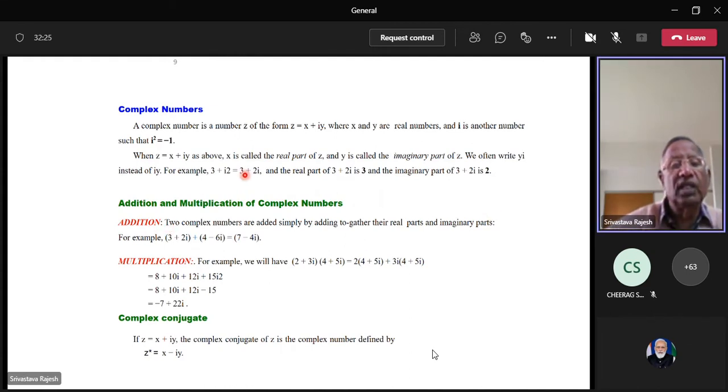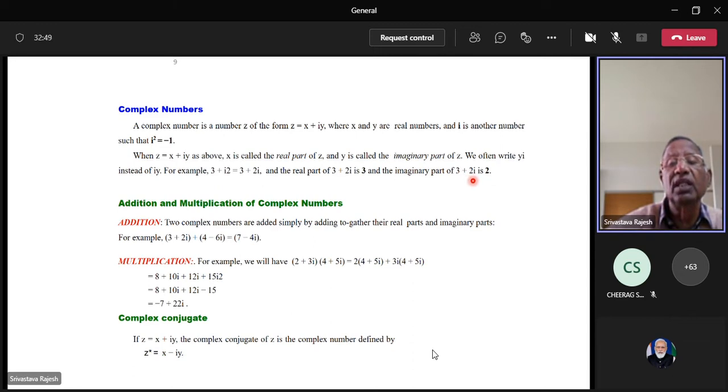Okay, so let us say that there is one quantity here, 3 plus i2. In computer, you don't write like this. You have to write 3 plus 2i. The real part of 3 plus 2i is 3, and the imaginary part of 3 plus 2i is 2. So that is what it means.